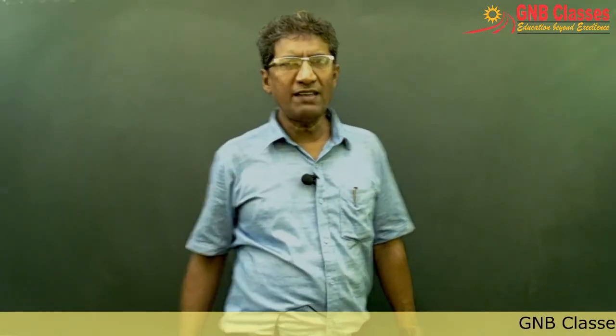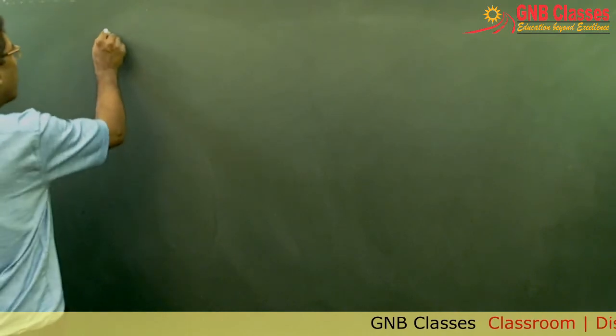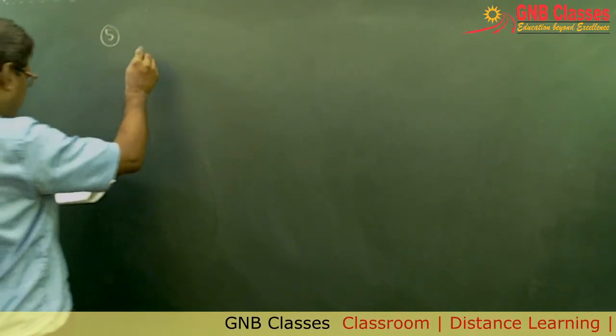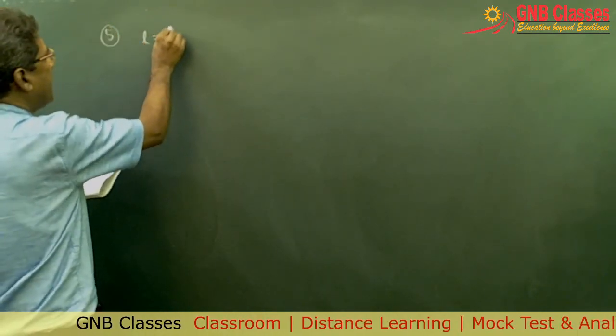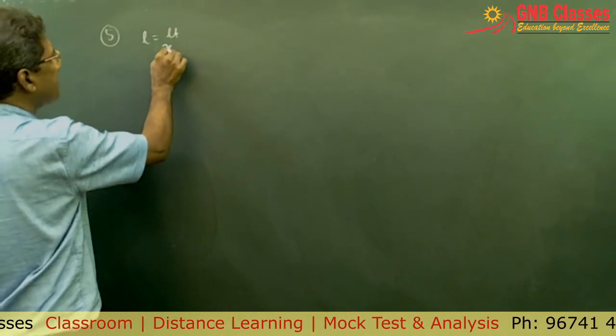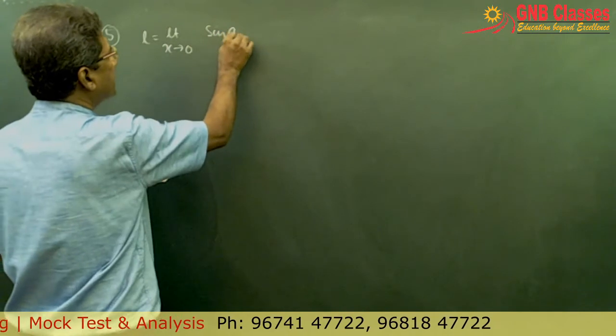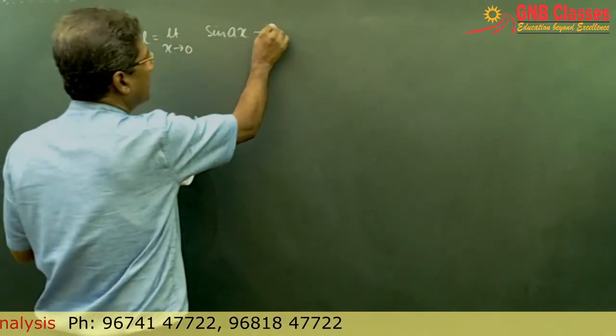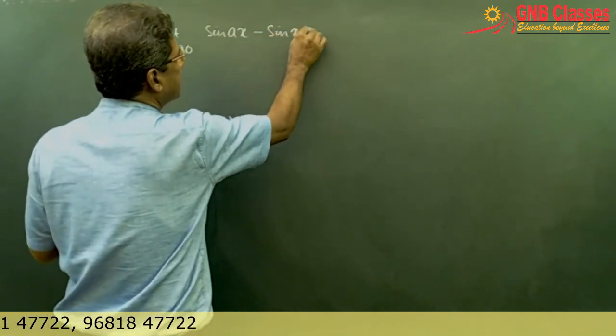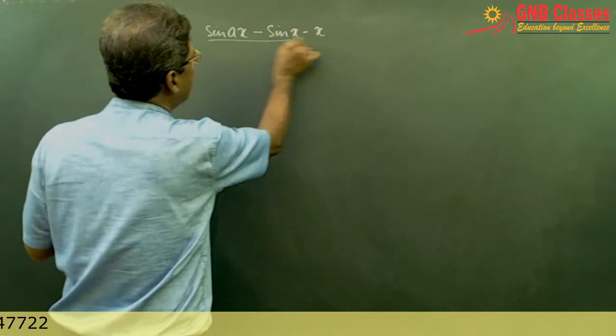In question number 5, they have given L equals limit x approaches to 0, sine ax minus sine x minus x by x cube.